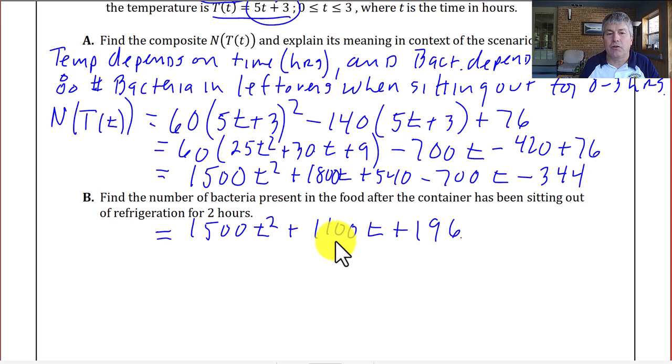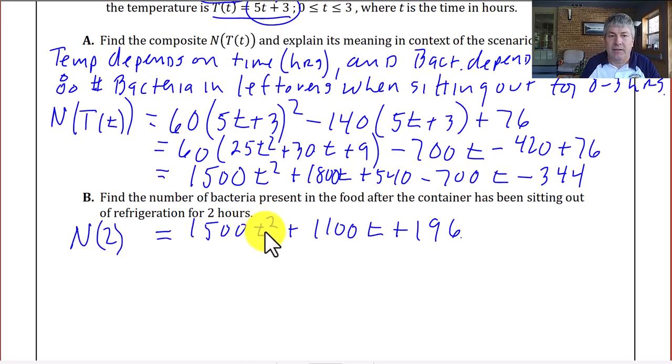So that function will find the amount of bacteria in the leftovers when it's sitting out for between 0 and 3 hours. So B says find the number of bacteria present in the food after the container has been sitting out of the refrigerator for 2 hours. So what I need to find is N of 2.